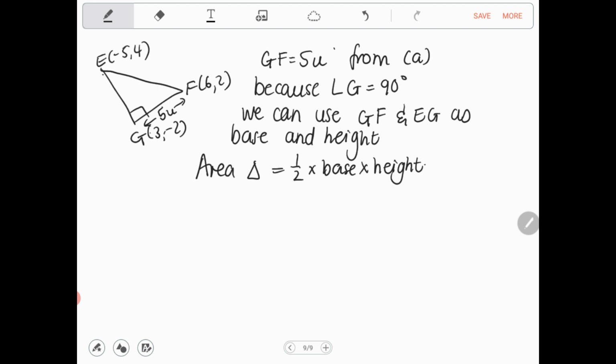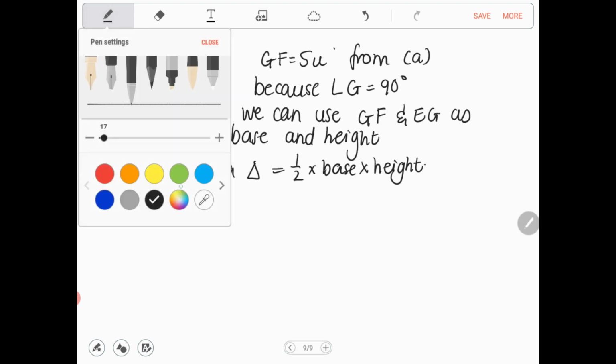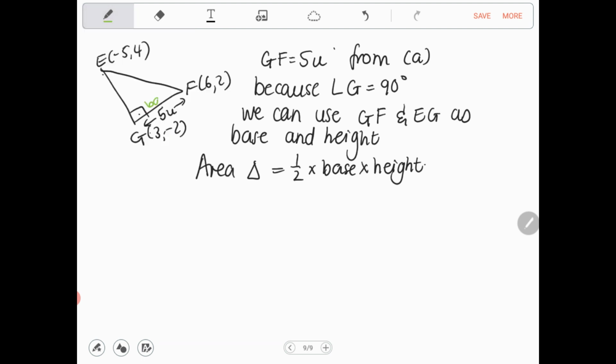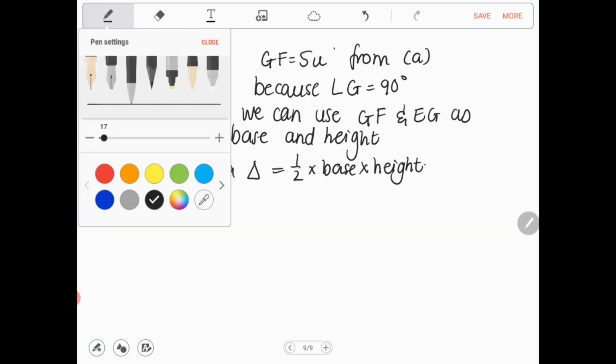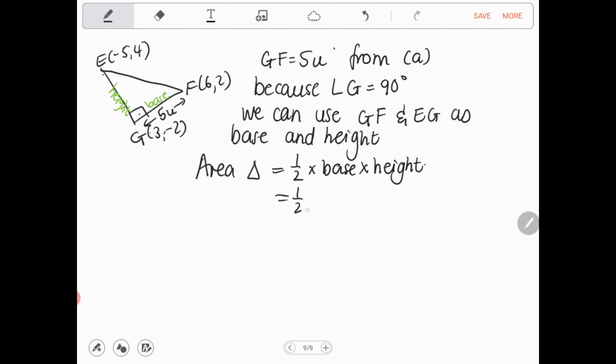So because I have asked you guys to prove that this angle is 90, we can use GF or EG, it doesn't matter, one as a base and the other one as the height because of that 90-degree angle there. Okay, so we're going to say that this is a half times GF times EG.